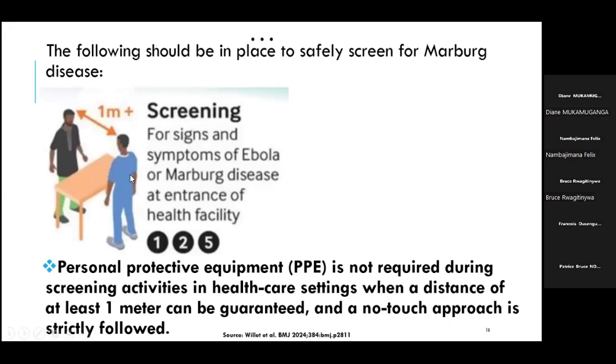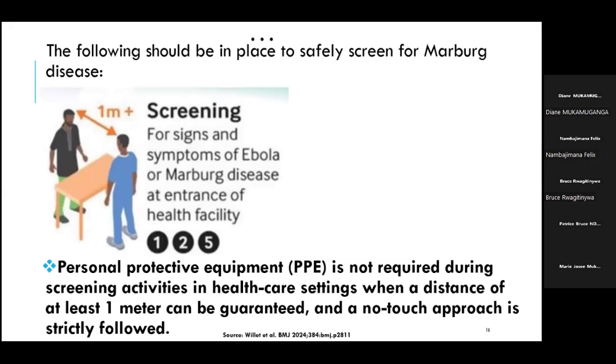Here is an example of a healthcare worker and the person who is being screened. To maintain 1 meter distance, a table has been put in place so that there is no possible difficulty to reach or to touch each other while they are doing the screening.